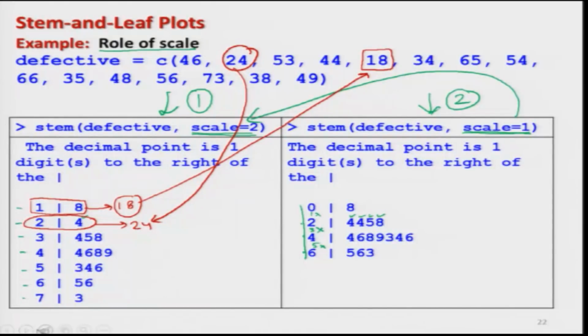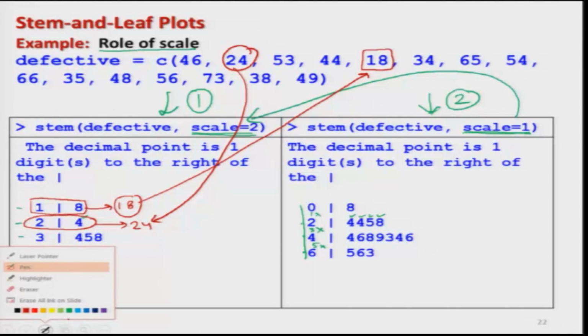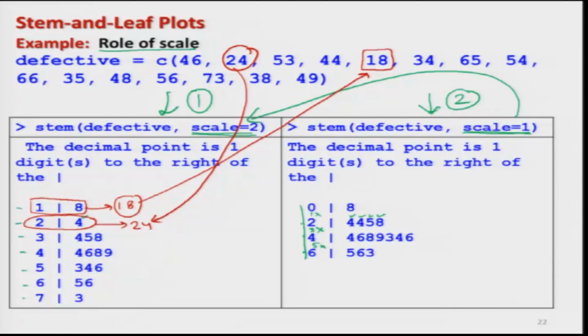So, these are the cases where we have single digits only. Now I take the third column. This is indicating 3 as a stem, and the first value is 34. Next value is 5, so the stem is 3 and the leaf is 5, so the value is 35. Then the third value is 8, so the stem is 3 and the leaf is 8.